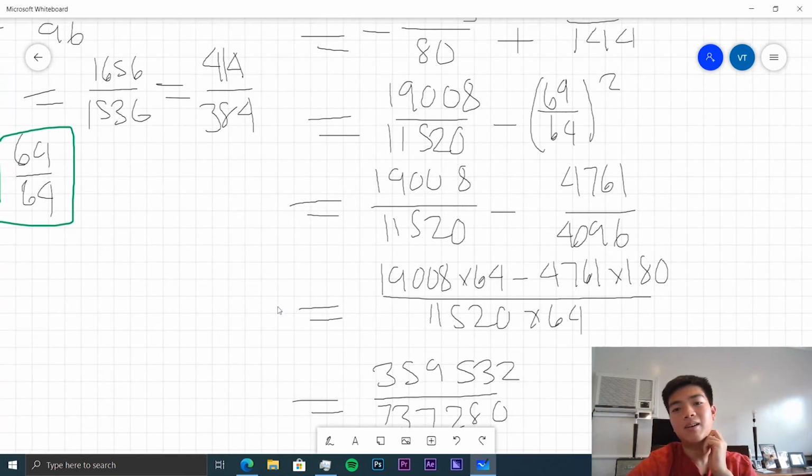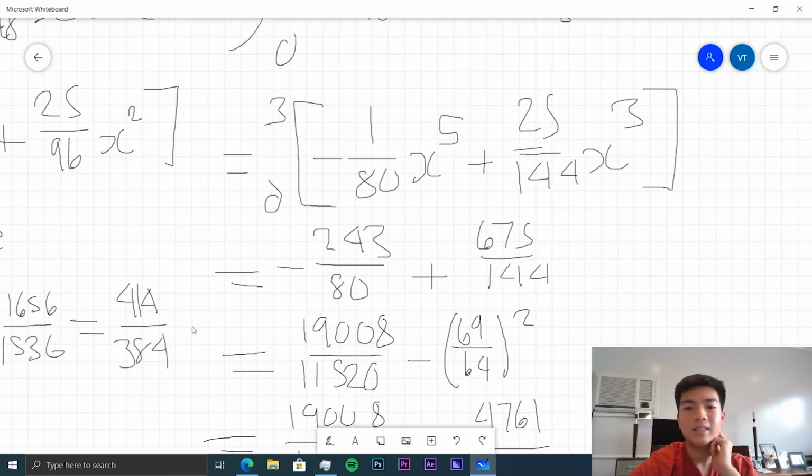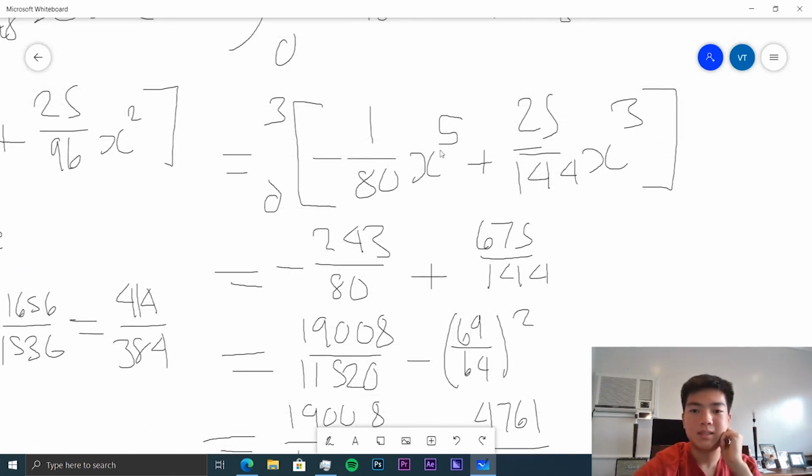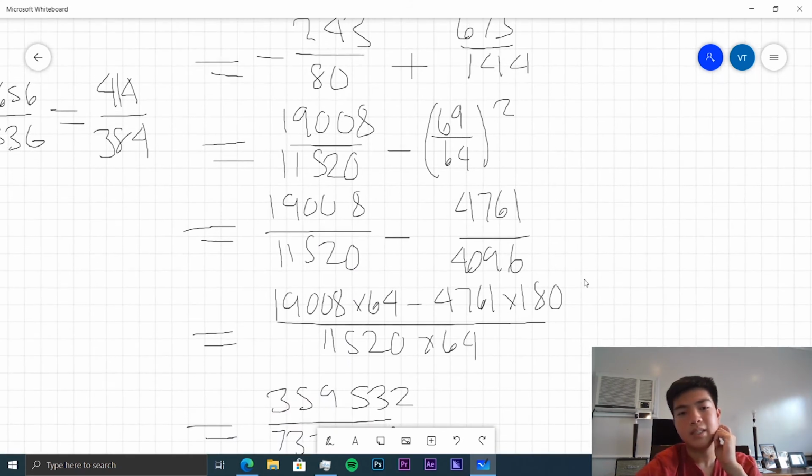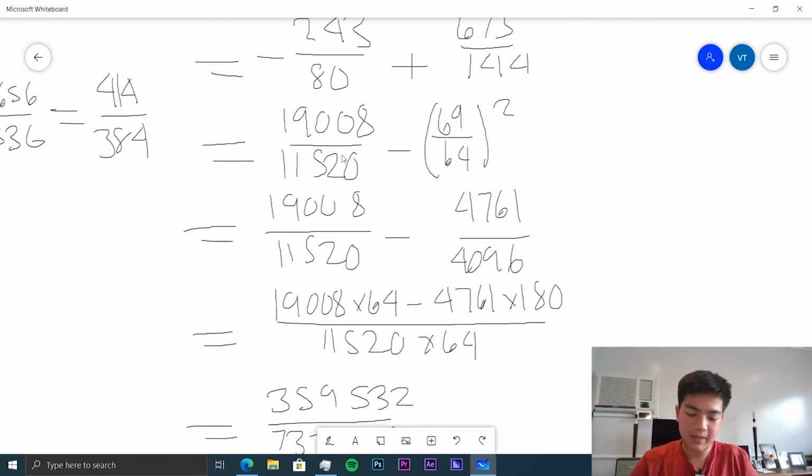But it's hard when there's such big fractions. I can't tell if I've made a mistake. I just hope I haven't made a mistake, wait, maybe I can simplify this.